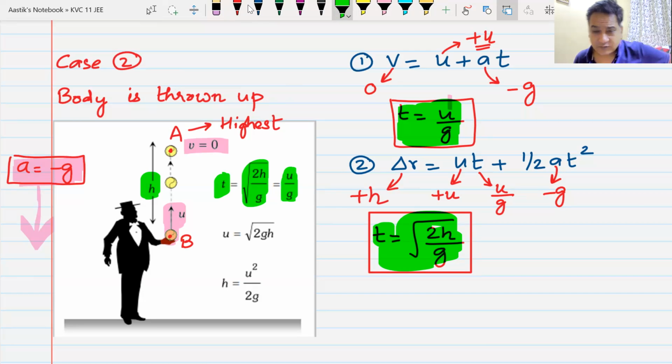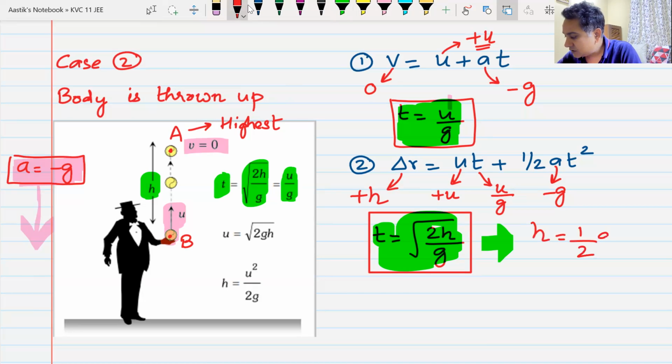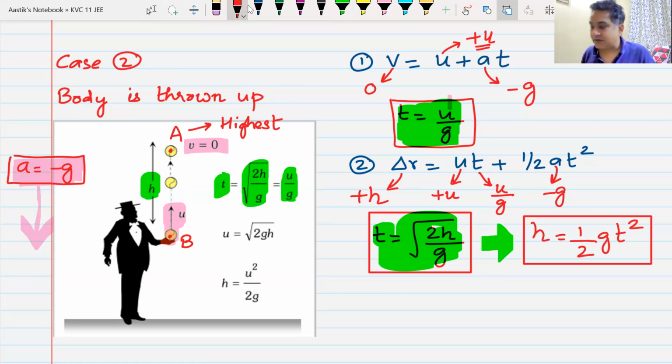Now, you can write this formula in a different way, my dear friends. You can write this height h as half g t square. Do we understand this? Yes or no? You can write this formula in a different form: h is equal to half g t square.